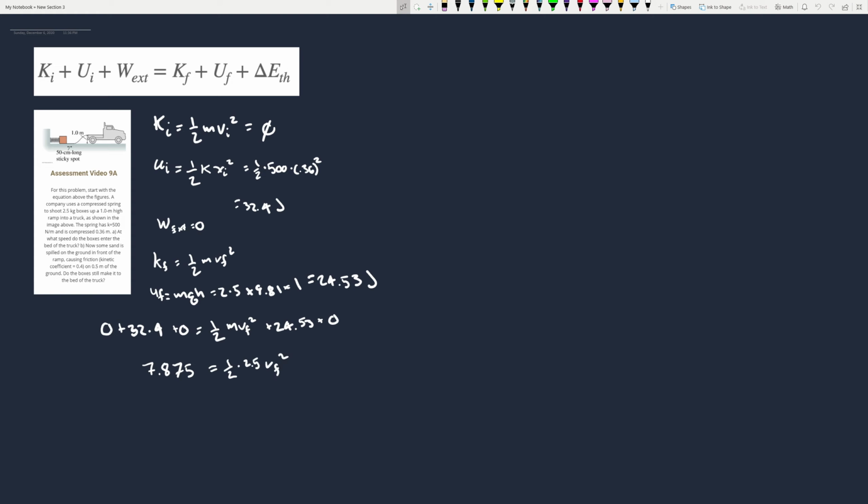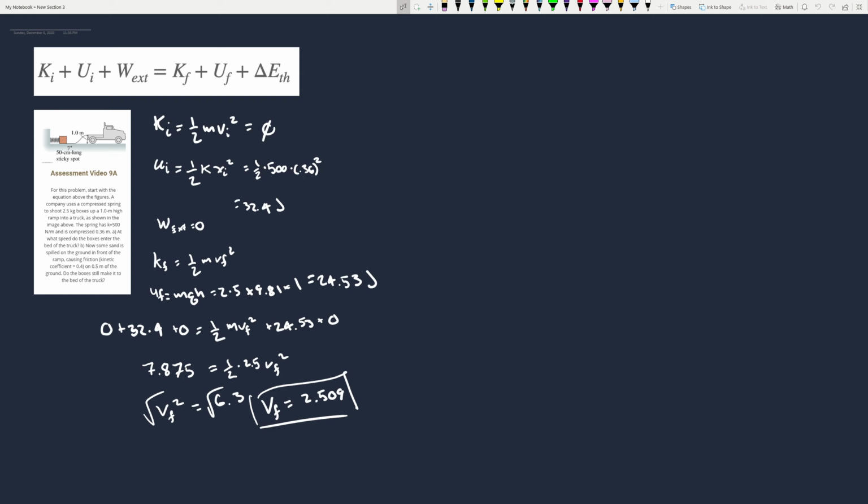We can cancel things out so we can further isolate velocity. What we'll end up with is the final velocity squared is equal to 6.3, and then we can square root both sides, and we end up with the final velocity that the box enters the bed of the truck is 2.509.